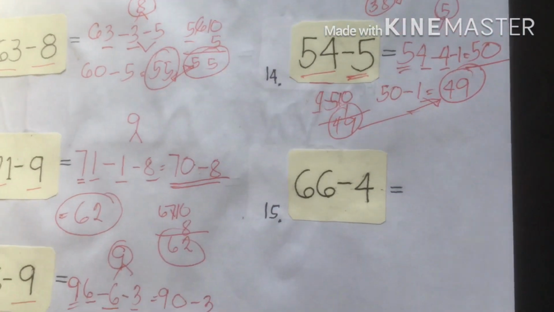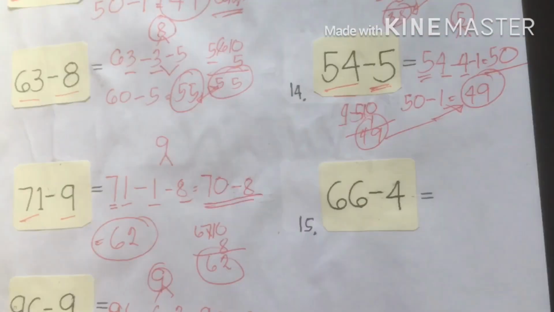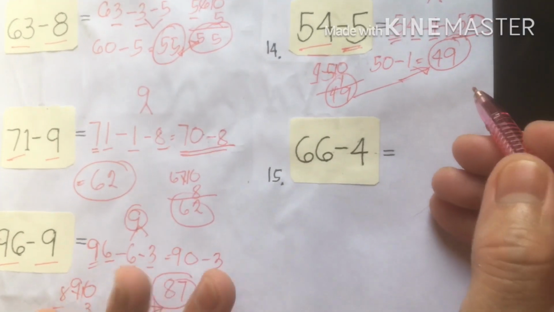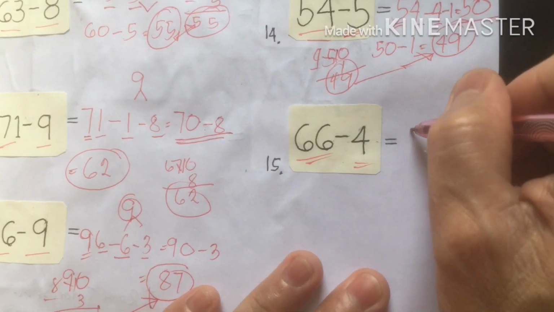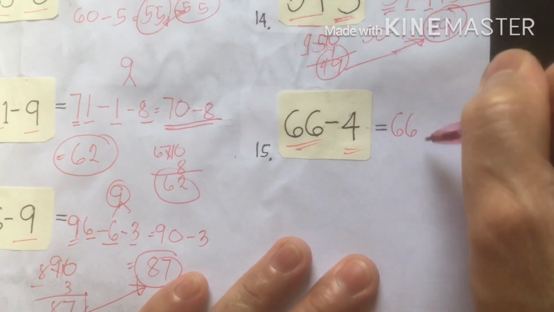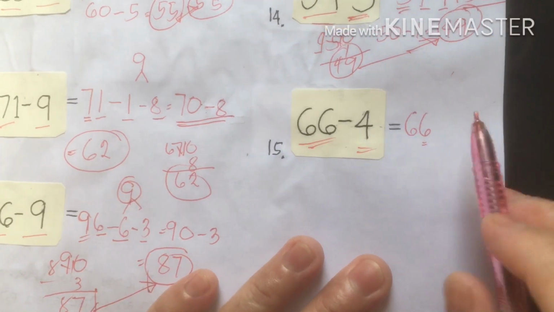The last number, my dear viewers, that's 15. 15 for this part. And we're going to continue until 20. 66 minus 4, okay? So we're going to write, guys, 66. So we have 4.